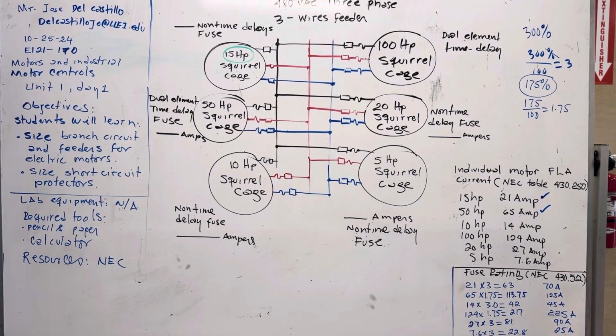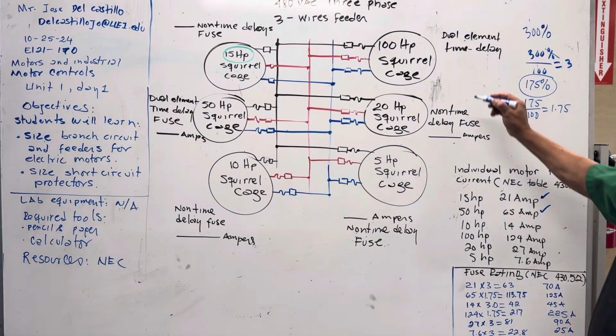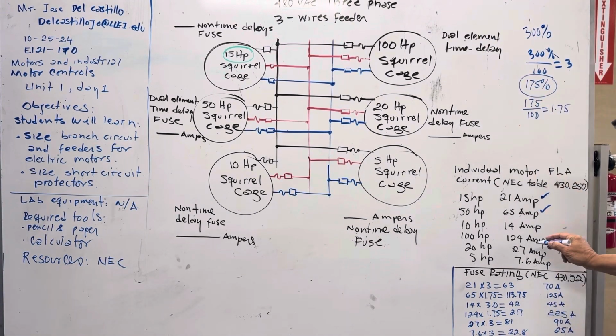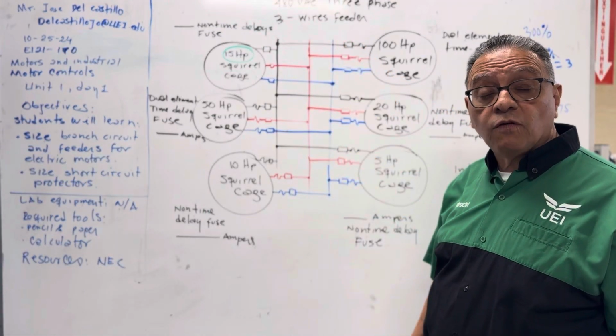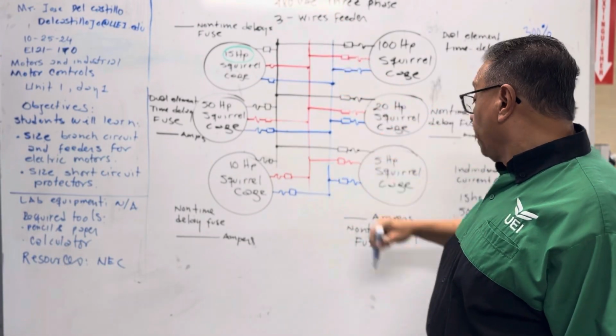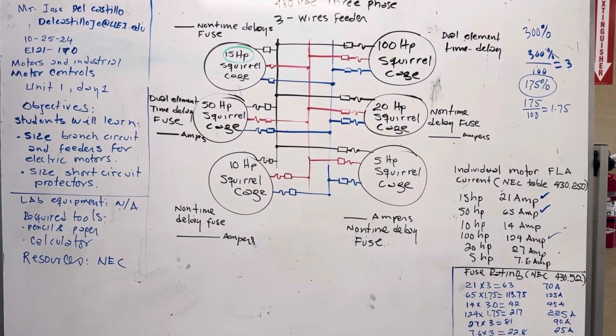So for the next, which is 100 horsepower, the full load ampacity, according to table 430.250, and my motor is connected to 480 volts, 3-phase, is 124.